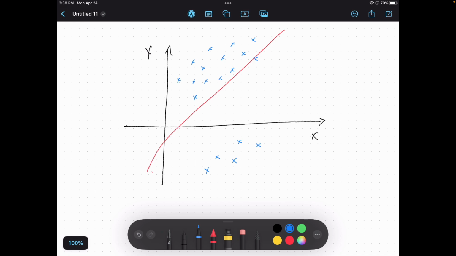Now, let's say that I had a categorical variable that will actually distinguish these two sets of points. And I introduce that into my model. Now I have a dummy variable, which means that I have two lines, like this and like this.